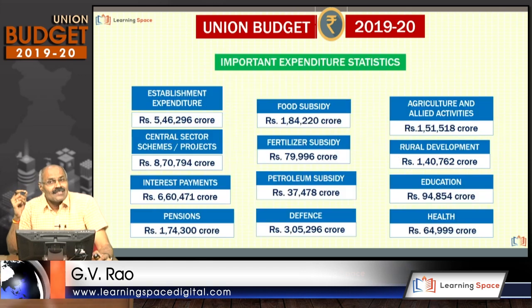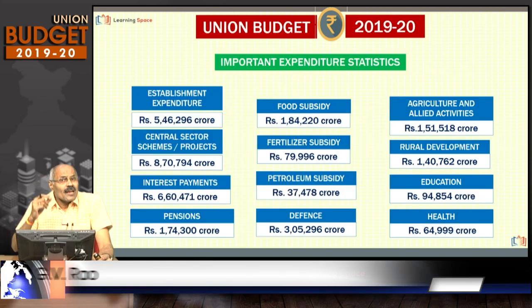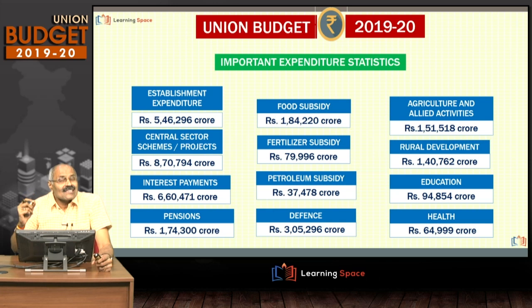Having learnt all these things, let us look at important expenditure statistics. Some of them may be important. I would like to be brief on this, right? Out of the central government expenditure of around 28 lakh crores, let me repeat once again, total expenditure of the center is 28 lakh crores of rupees.